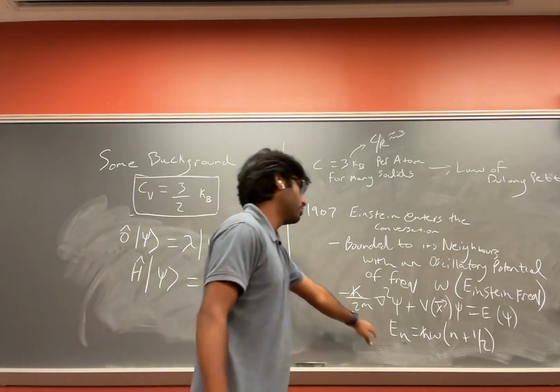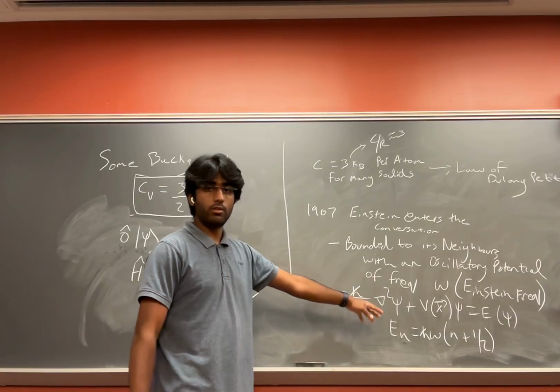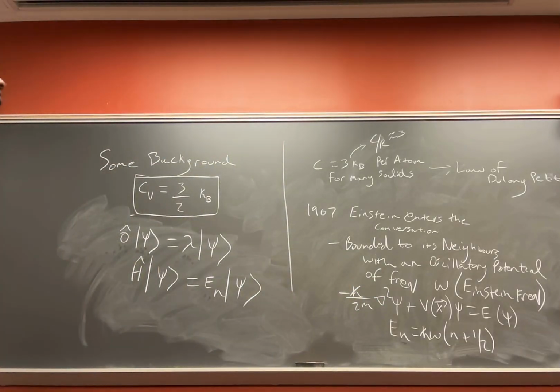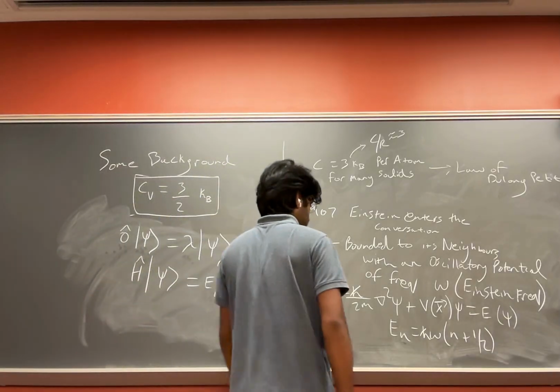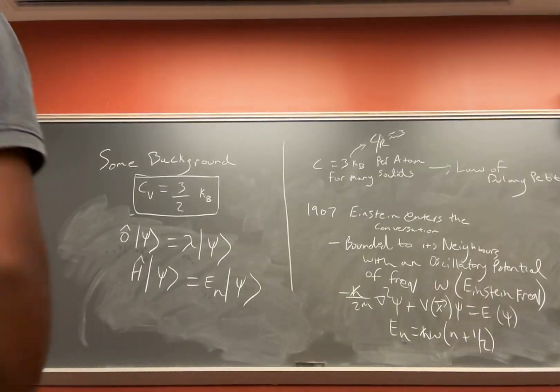We can't really observe any energy states in between the values offered by the E_n values, which is why they're known as eigenstates. They're the observable values due to quantum mechanics.